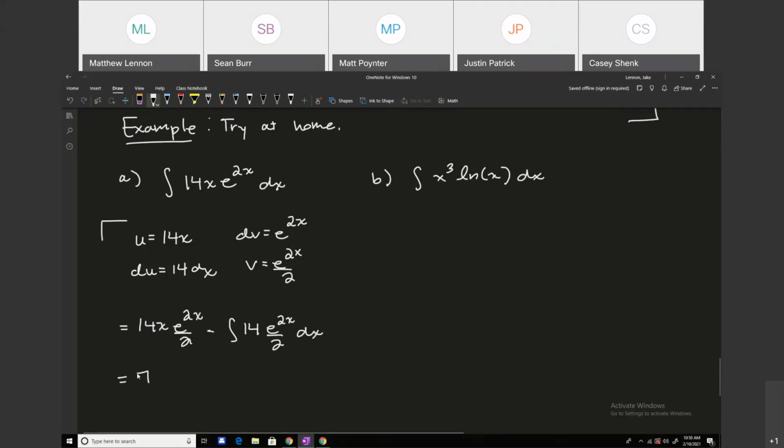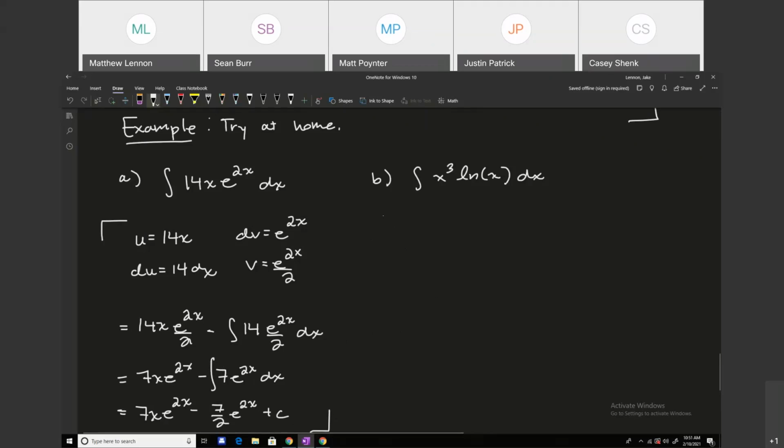And so we have 7x e to the 2x minus the integral of 7 e to the 2x dx. And so we get our final answer there of 7x e to the 2x minus 7 over 2 e to the 2x plus a constant. So that's it for A.